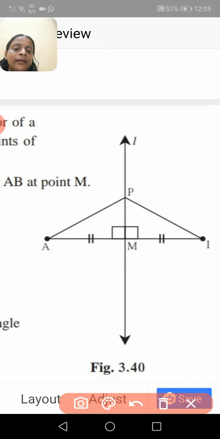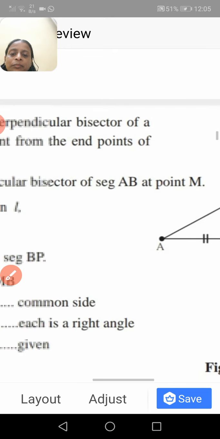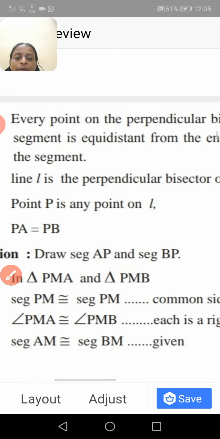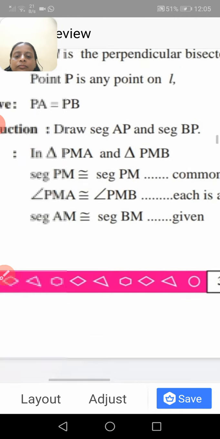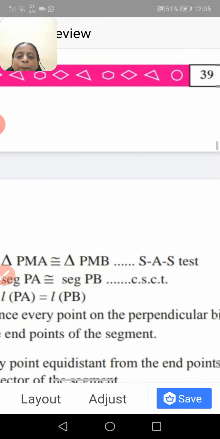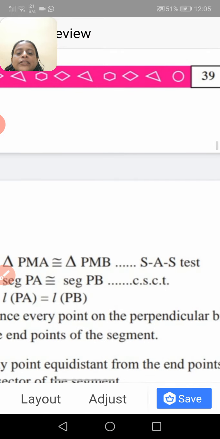So the triangles are congruent using the SAS congruence concept. Then we can say that corresponding parts of two congruent triangles are always equal.